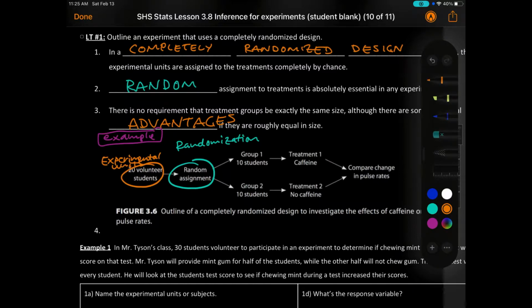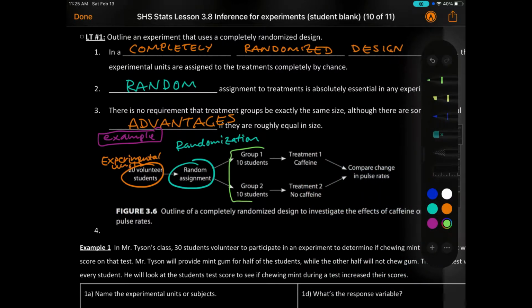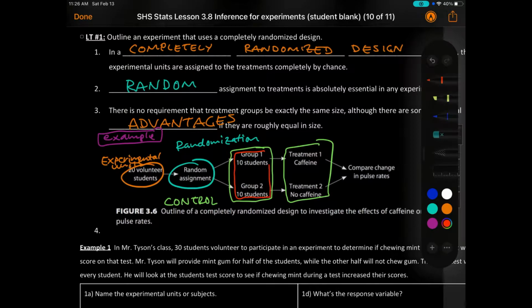Okay, when you split them into your two groups, here we are exercising our control. It's two things, control. You're also controlling how much caffeine they give them, but you're also doing something called replication.